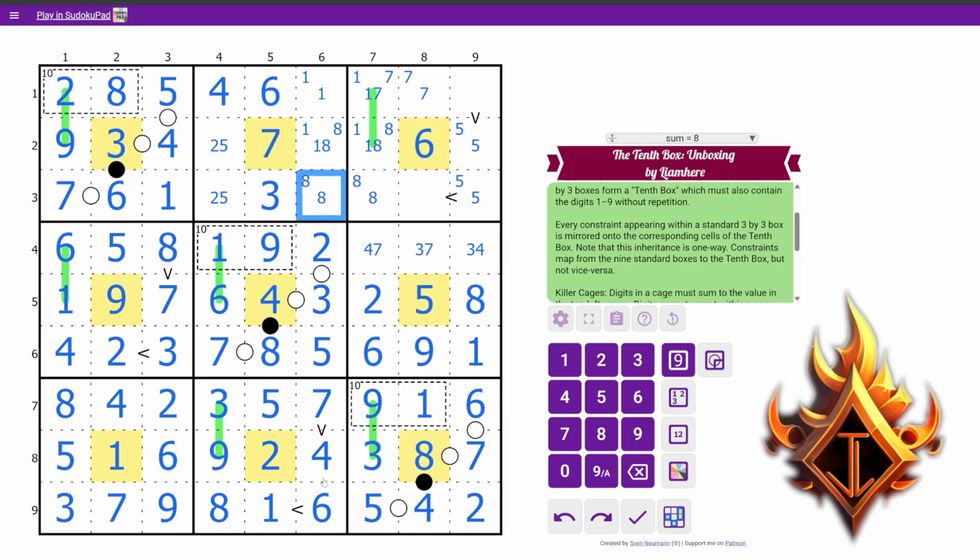This one has a 9 with it. 9 is over here.